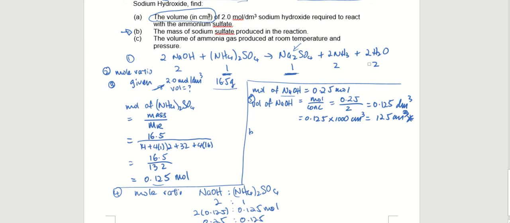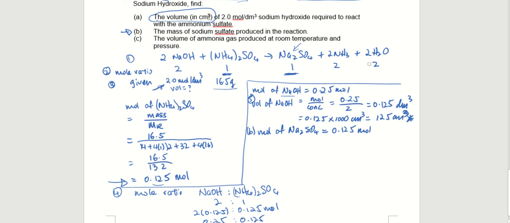So in part B, we can tell that the number of moles of sodium sulfate formed will be the same as the mole of ammonium sulfate, which we have calculated here. So we know that there is 0.125 mole of sodium sulfate formed.